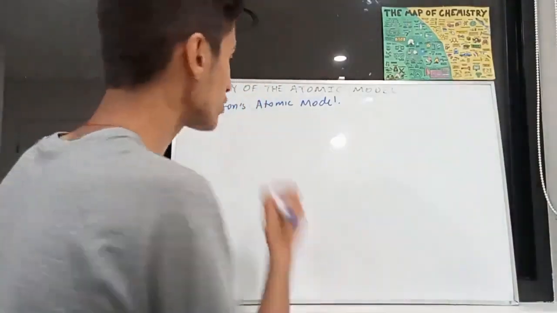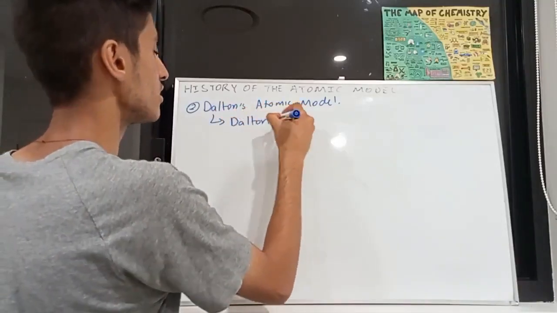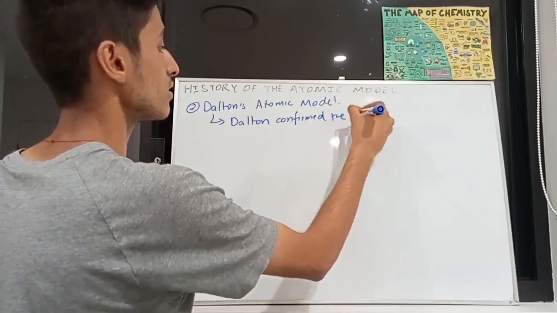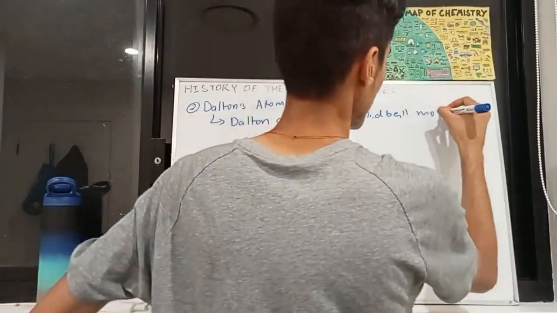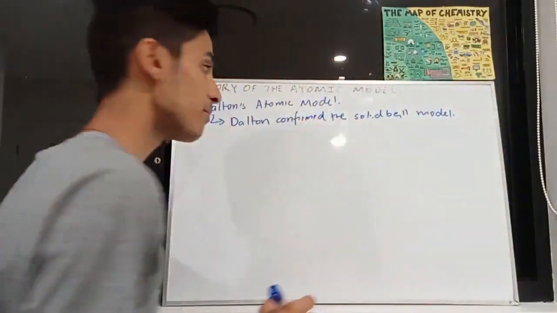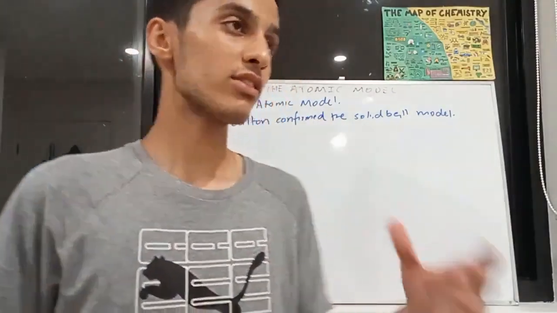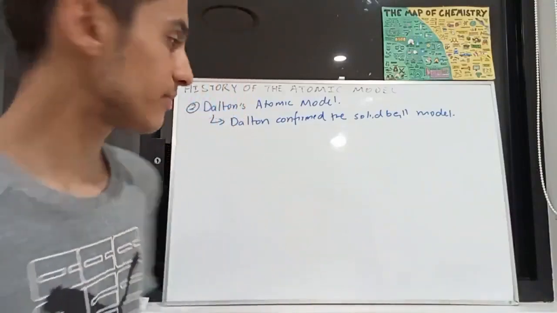So he said everything about the solid sphere model was correct. But upon this, he added three other key points. And first of all, he said that atoms of different elements are different.